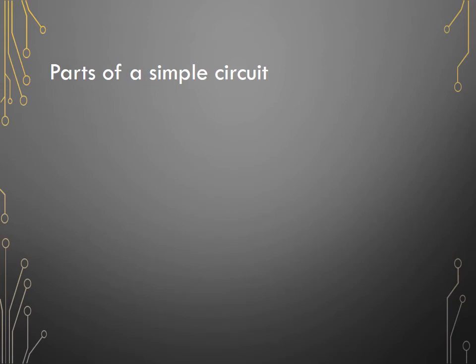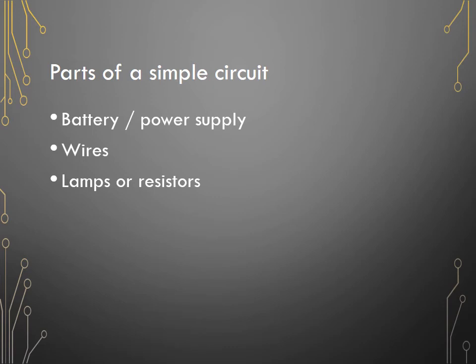In a simple circuit, which is all we're going to be working with in AP Physics 1, there's only a few parts, which we call elements. You need a battery or a power supply, something to provide that voltage source. You need wires to connect the elements together, or some other conducting path. You need lamps, lights, light bulbs, resistors.